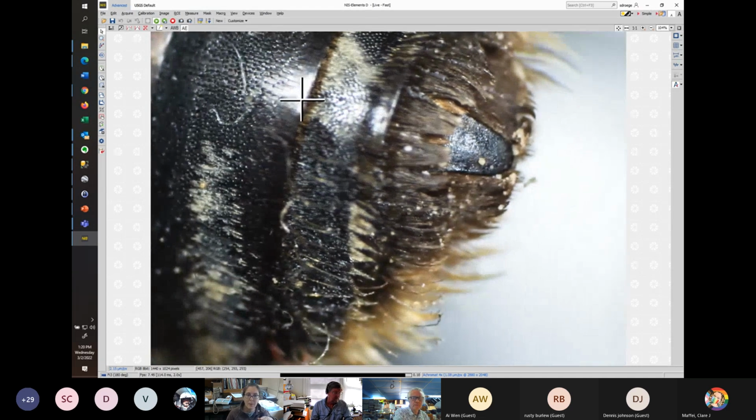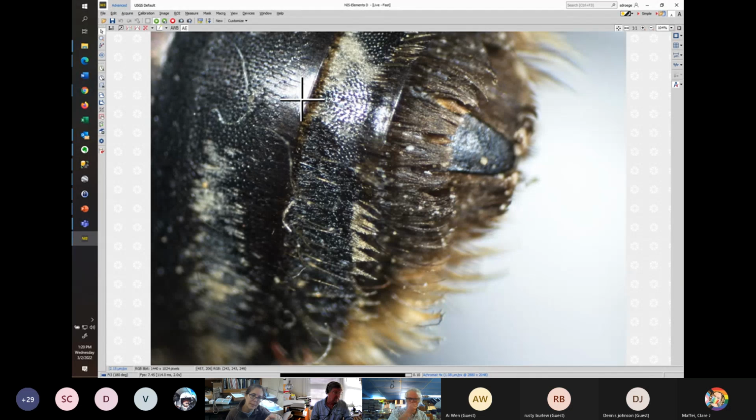And so some bees, see how this is a really narrow little strip, and then it goes right into some pretty big and deep punctures. Whereas other species will have much more sparse punctures and even lighter punctures, so that they're not so deep and they don't look like real punctures. They're just more dimples.